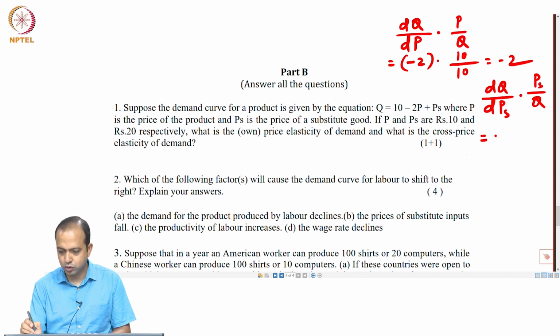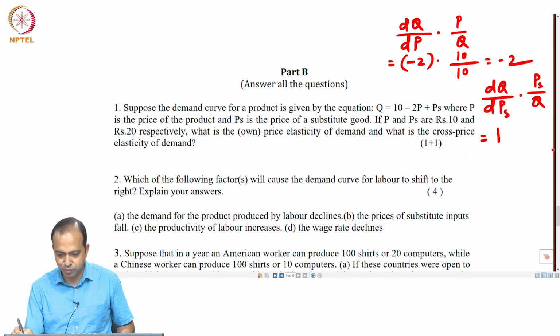So, dQ by dPS is actually 1. Now what is the formula?